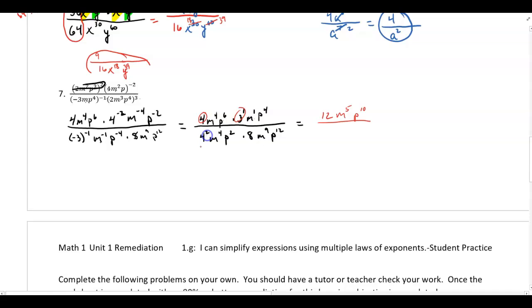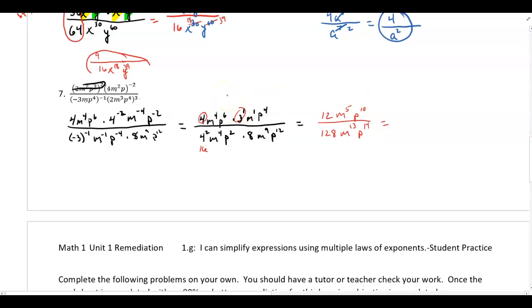All over 4 squared is 16. Then 16 times 8 will give me 128. M to the 4 times m to the 9th is m to the 13th. P to the 2nd times p to the 12th is p to the 14th.